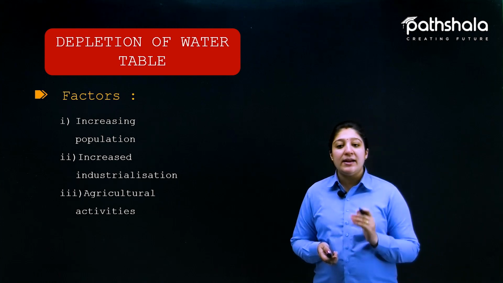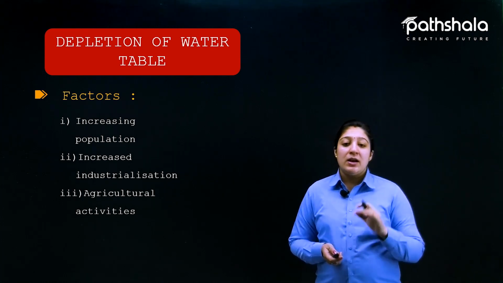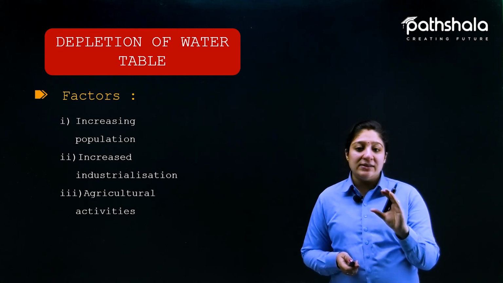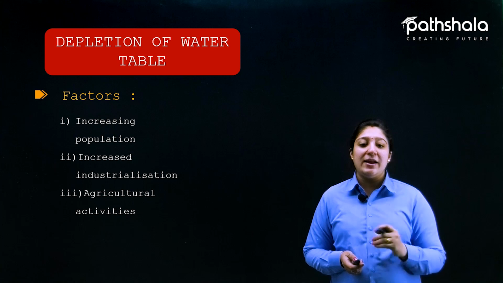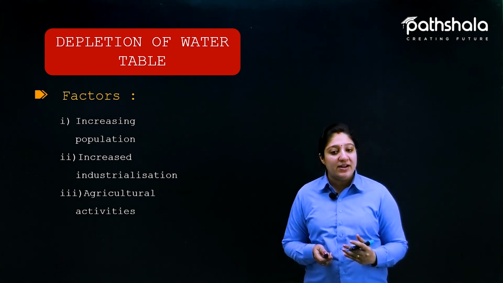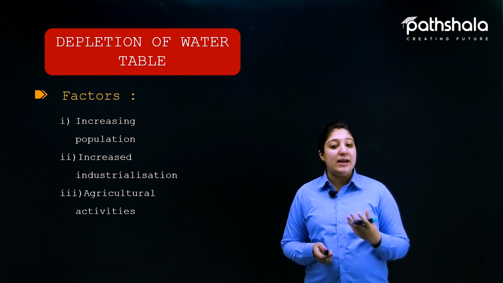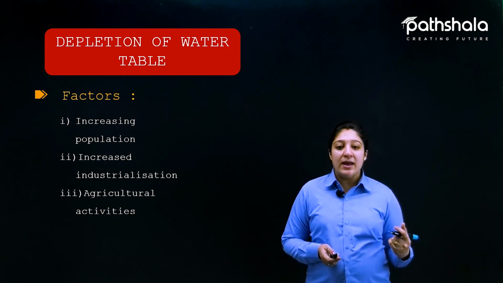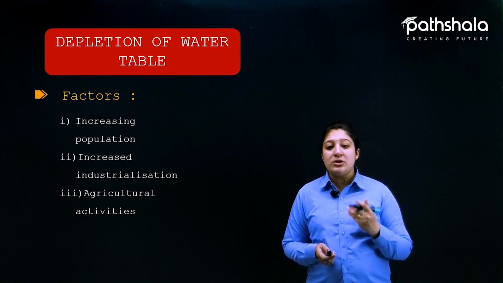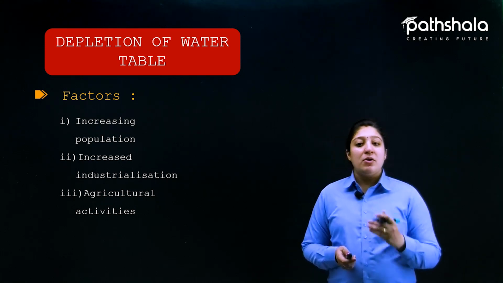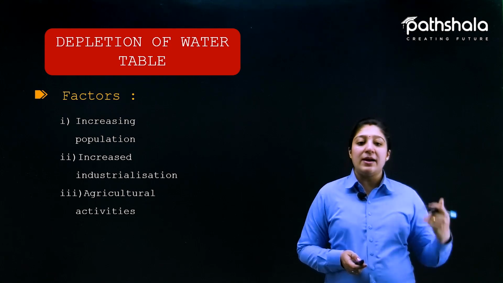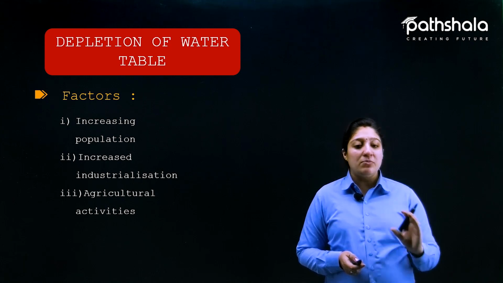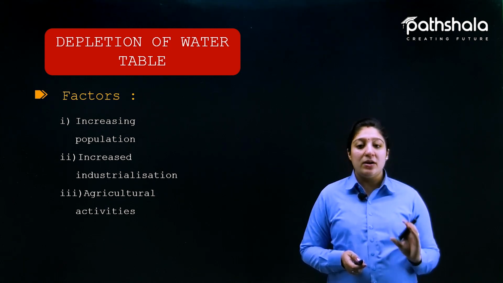The next factor is agriculture activities. Here also, the main factor is our increased population. Day by day, when the population is increasing, their daily demands, whether the product comes from agriculture activities or from industries, are also increasing. If there is more population, more agriculture activity has to be done, so that more food can be prepared for that population.